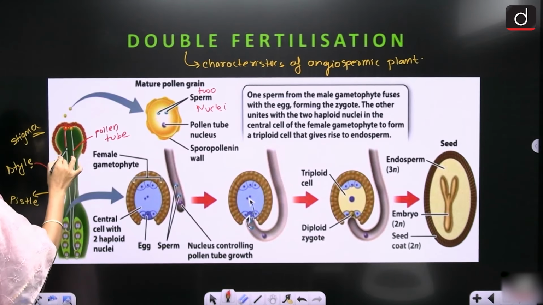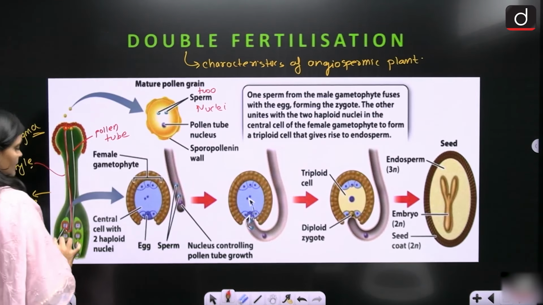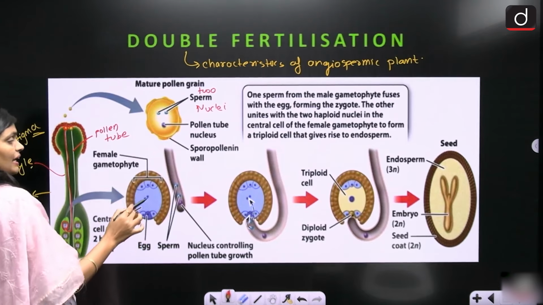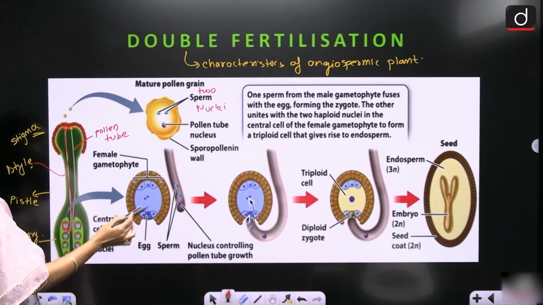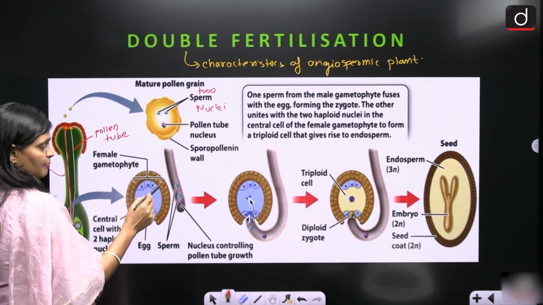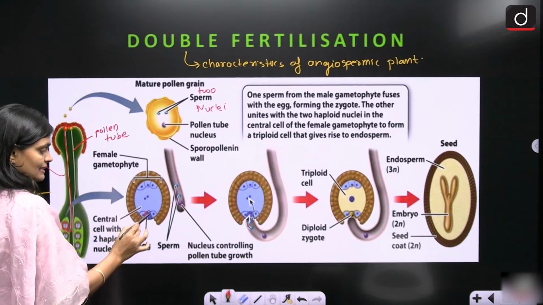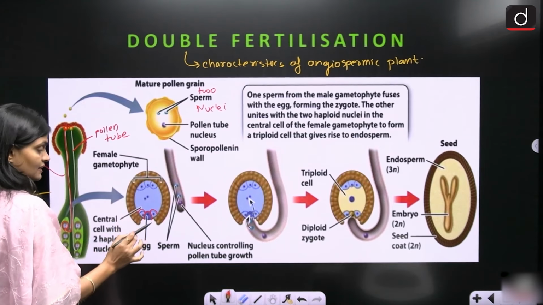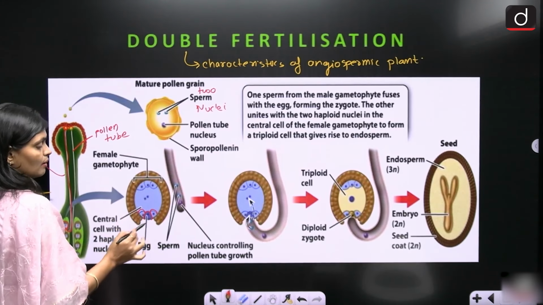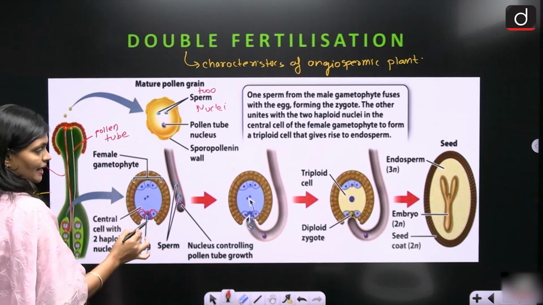This pollen tube, through the style, enters the ovary and reaches the micropylar end of the ovule. Now this is your ovule, the female gametophyte. Within the ovule you have 3 antipodal cells, 2 polar nuclei, 1 egg cell and 2 synergid cells. And this opening is the micropylar opening.